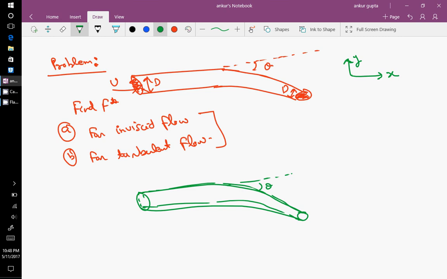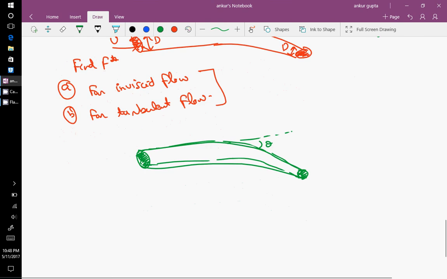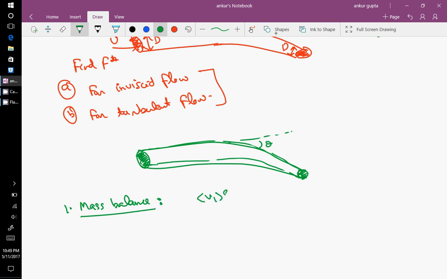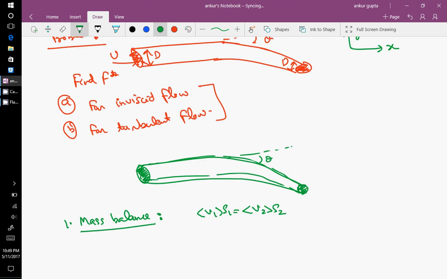The reason I'm doing it is because we'll have to find n1 and n2 vectors. Alright, so we have this control volume, and first thing we can very quickly do is the mass balance. So mass balance tells us that V1 S1 is equal to V2 S2, right?